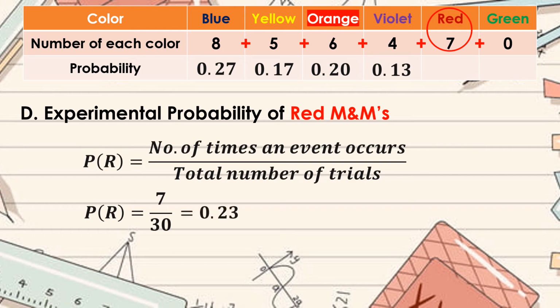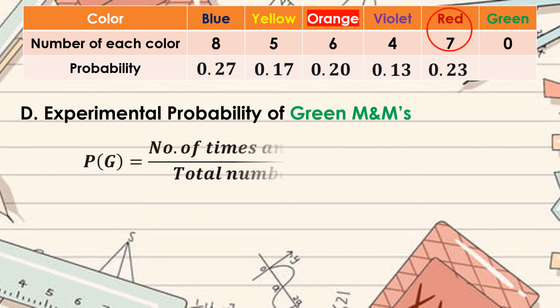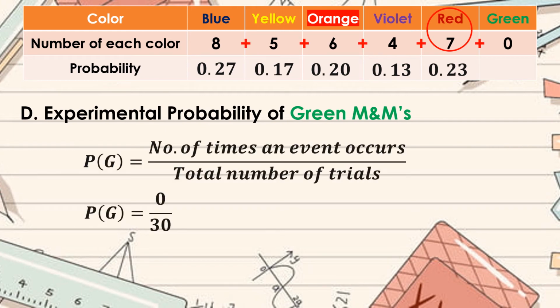And 7 over 30 is 0.23. And lastly, for green colored M&Ms, the probability is 0. So this is how to get the experimental probability of a given problem.